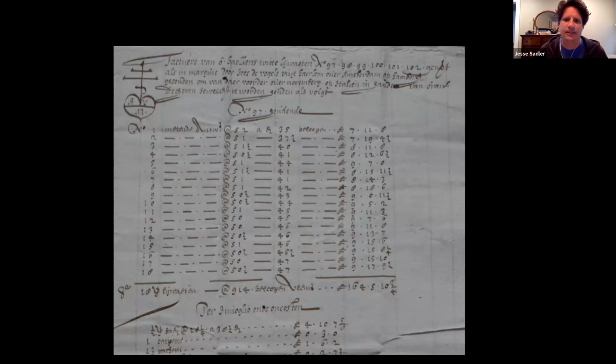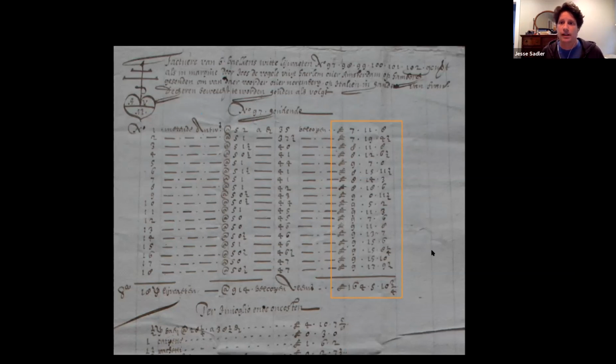If you see on the right here, it has prices of these different bales. So these are the numbers of bales, and then these are the prices that you have here. We have pounds, and then shillings and pence. So these are non-decimal currencies: pounds, shillings, and pence. And then they're added up here. So the final total here is 164 pounds, 5 shillings, 10 3/4 pence.